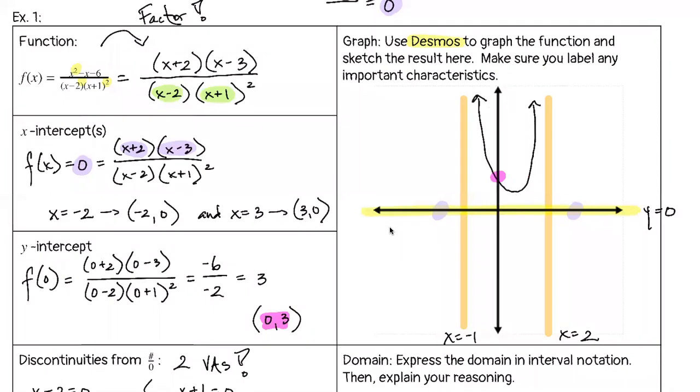And then on the right-hand side, it comes from the bottom, crosses through, and then flattens out. And on the left-hand side, it starts at the top, it goes down, and then flattens out towards that end.